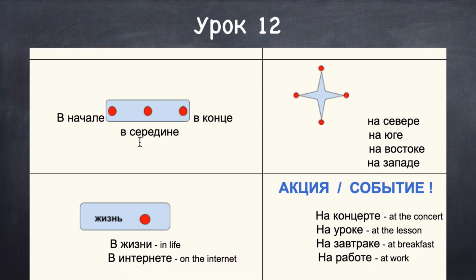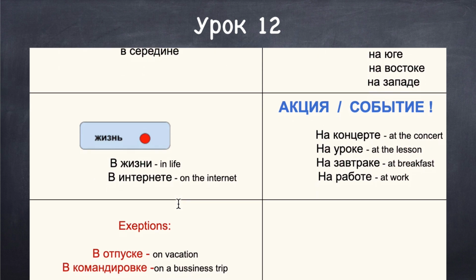The preposition В will be used to say in the beginning, в начале, in the middle, в середине, at the end, в конце. Also to say in life, we will use preposition В: в жизни, in life.